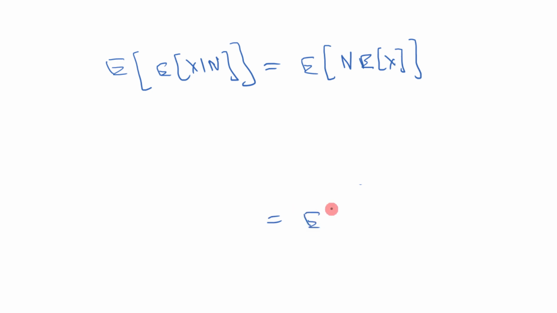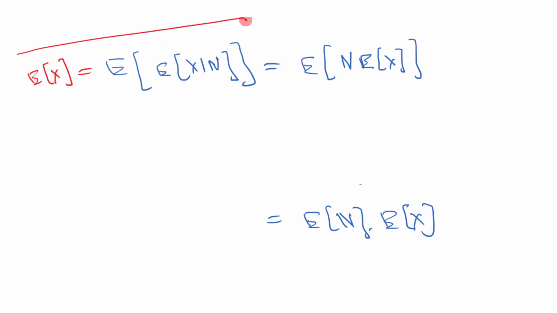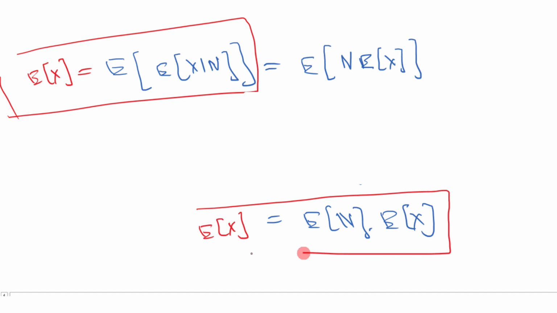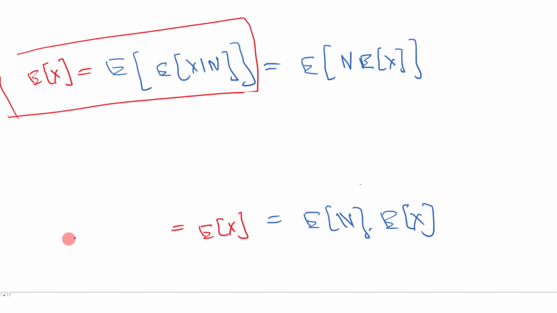So this is equal to expected value of n times expected value of x. Because this is equal to expected value of x using the property that we have just learned, it is equal to expected value of summation i equals 1 to n xi.